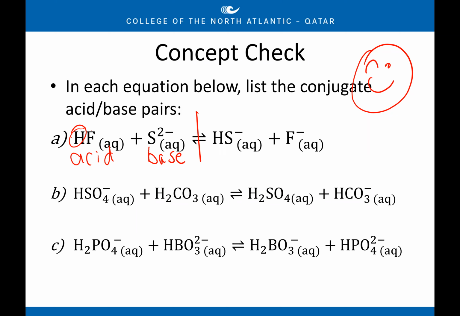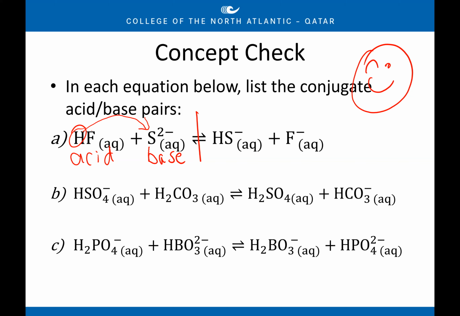Okay, so the question I'm asking you is, on the other side, which is the conjugate acid and which is the conjugate base? Interesting question. I'm kind of upset about how this is laid out, but HF loses its proton to the base.